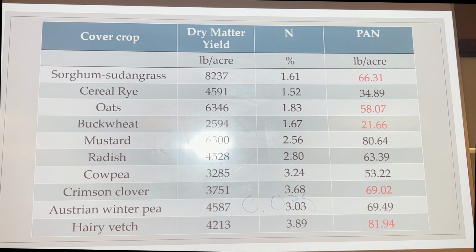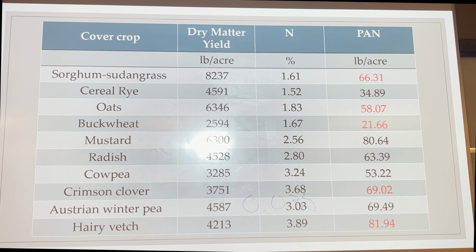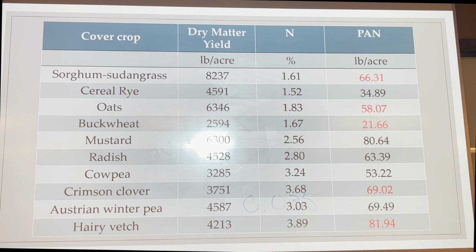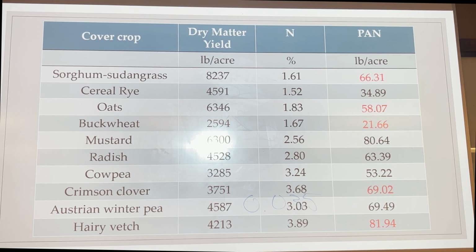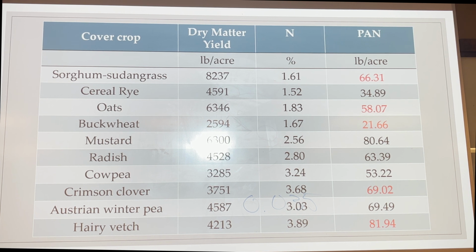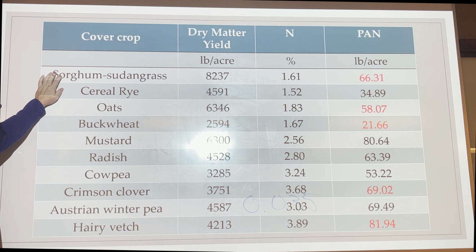Well, if you got a nitrogen credit, and let's just take our top one, our sorghum Sudan grass, and if you needed to apply 200 pounds of nitrogen per acre, how many pounds of nitrogen do you need to apply now? If you need to apply 200 pounds of nitrogen per acre, and you planted this cover crop, now how many pounds of nitrogen do you need to apply?